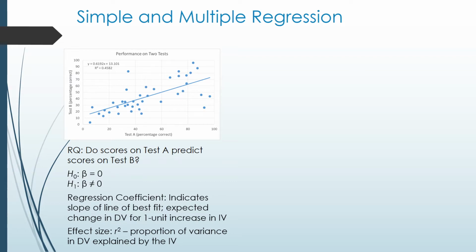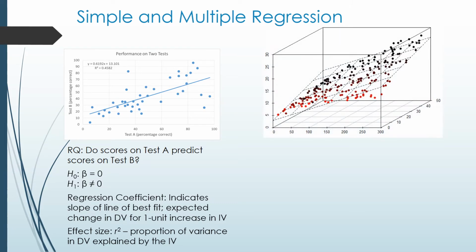Multiple regression is very similar, but as the name implies, we have more predictor variables. As a diagram here, we no longer have a bivariate scatter plot, but instead we have three axes: an x-axis, a y-axis, and a z-axis. On one of these axes is our dependent variable.